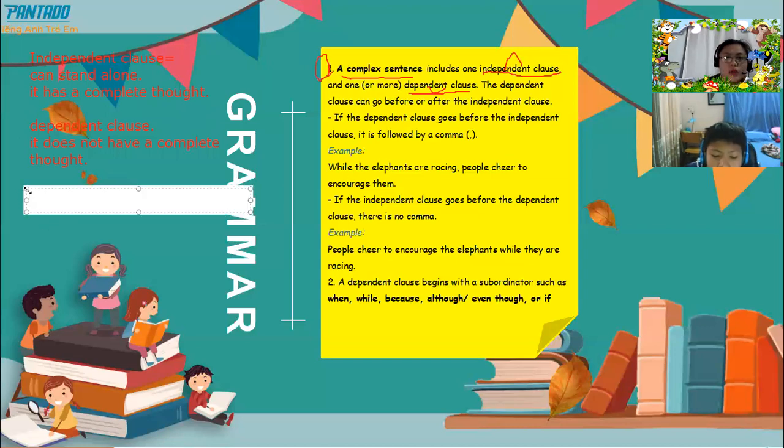Why did I use red ink? Okay, so let's have an example. This is an example of independent clause. Remember independent clause? That is a type of clause that can stand alone. It has a complete thought. You can understand it. So that is an independent clause. Let's use Katie. I like this name.